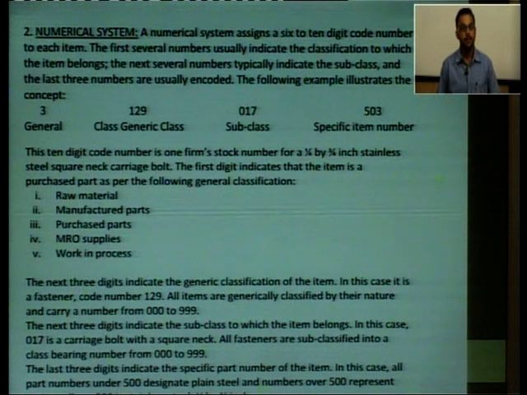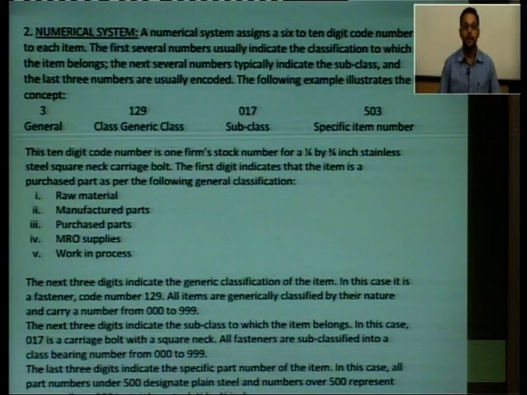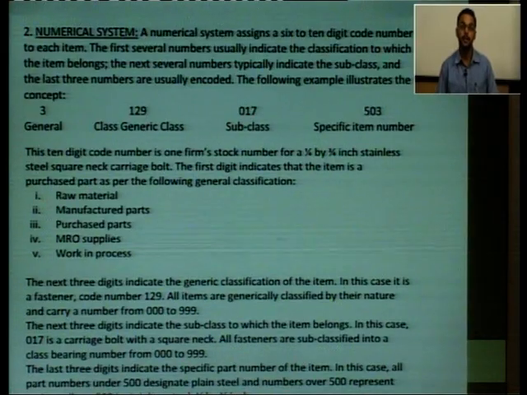It means the number is huge. A 10 digit number can count a huge amount, by which we can count any kind of numbers. There are 999 generic classes, and in one generic class there are another 999 subclasses. So we are able to make huge category-wise information for one particular item.